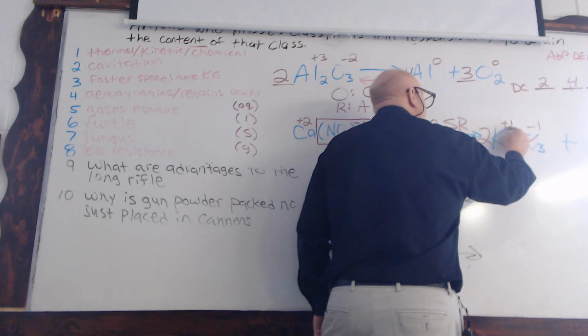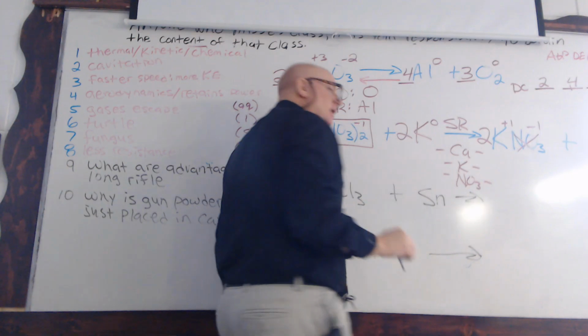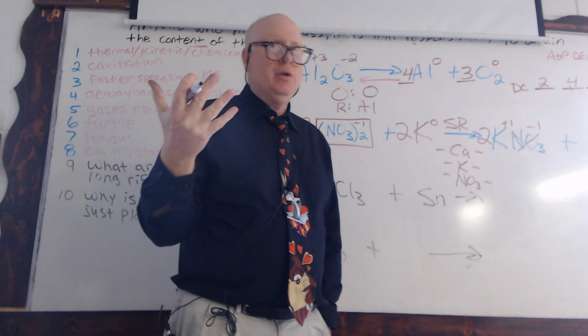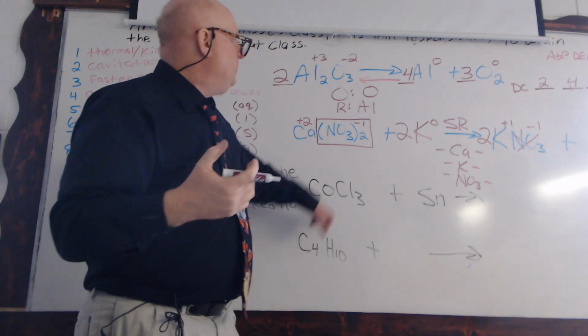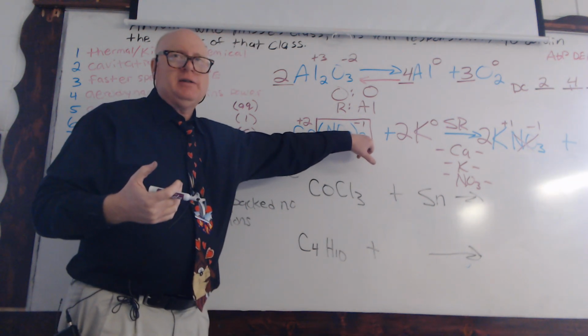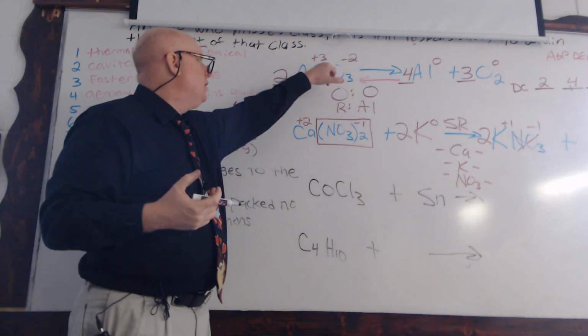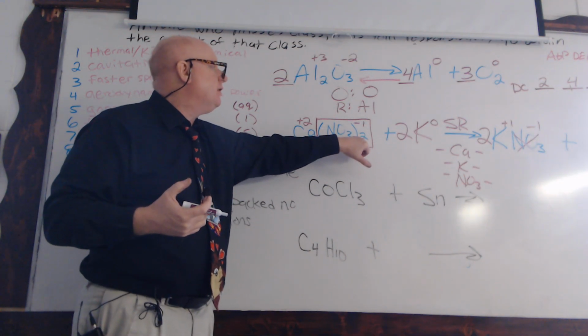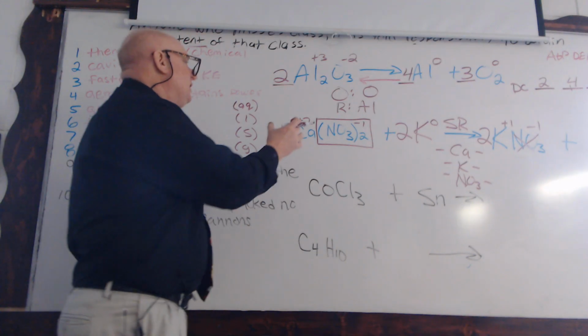Okay, but then what's true about the nitrate? Yeah, it's a spectator ion. It didn't do anything. Just because you have 2 of these here, that doesn't matter. It didn't matter when we did it with the aluminum. It's not going to matter when we do it for here either. So that's a spectator ion.